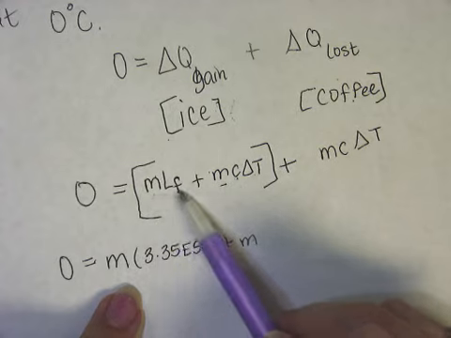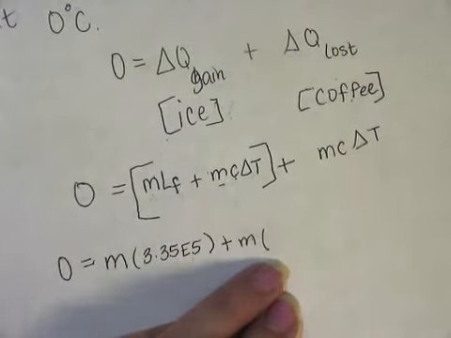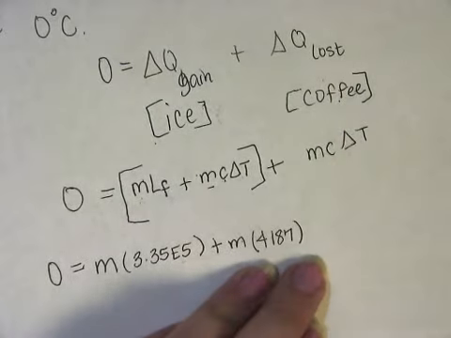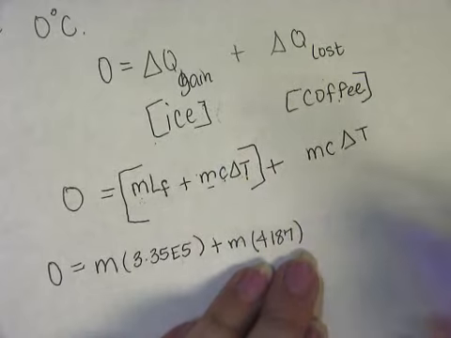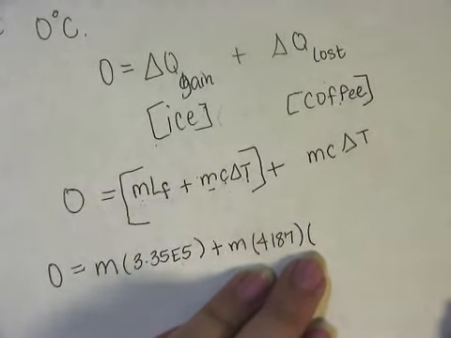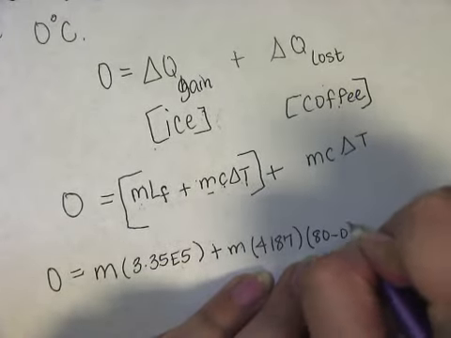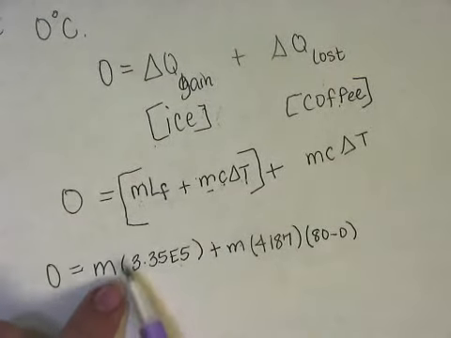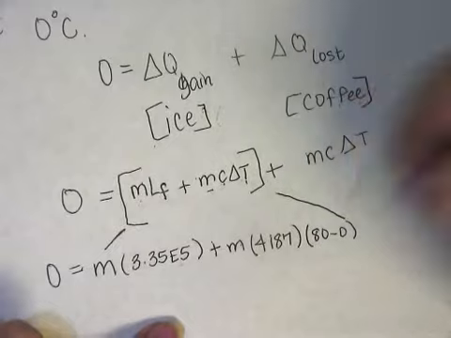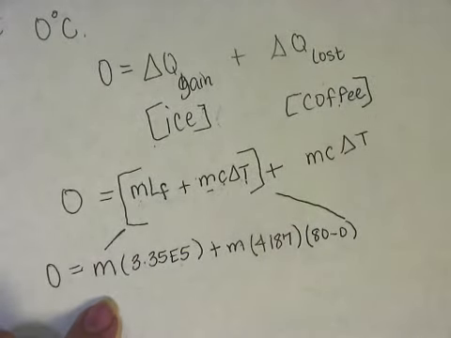It is now liquid, so the specific heat I'm going to use is that of liquid water, which is 4187, multiplied by my temperature change. The initial temperature of the ice was 0. The final temperature is going to be 80. All of this data comes from this bracket right here. All I've done is take this part of my equation and plug in the numbers where they belong.